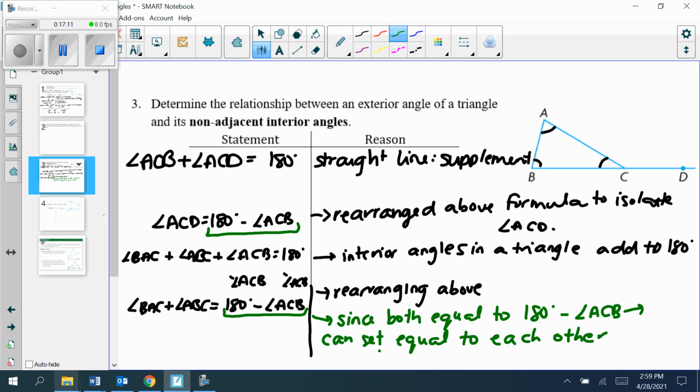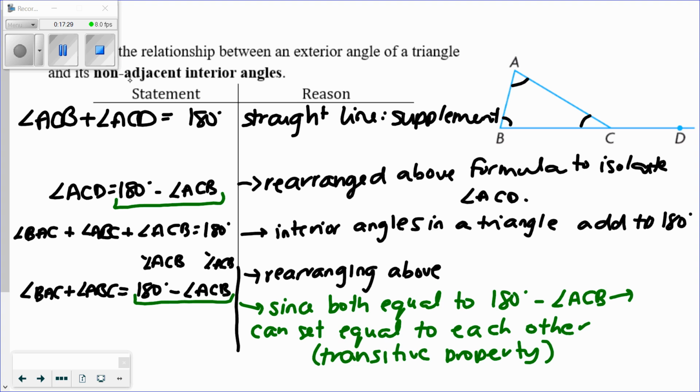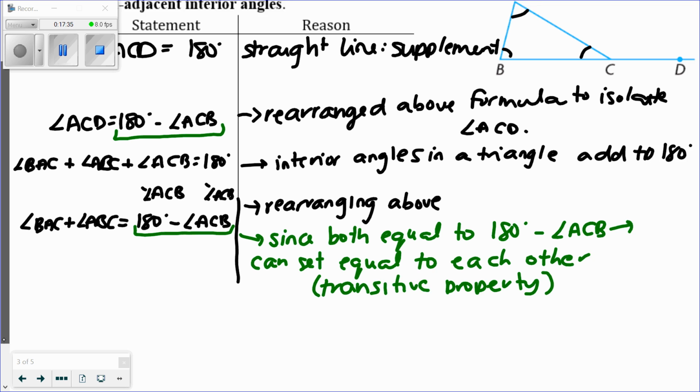Which is essentially what I called previously the transitive property. Sorry, just give me a sec. Okay, so that's the transitive property. Sorry, I can go back to full screen. I just wanted to highlight, as you see, both are equal to each other, so now I can set them equal to one another.